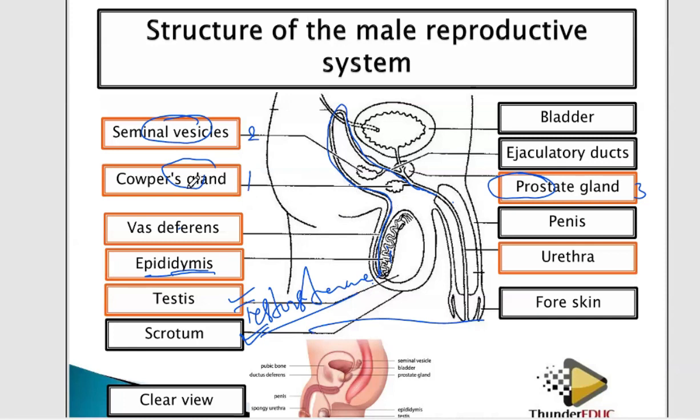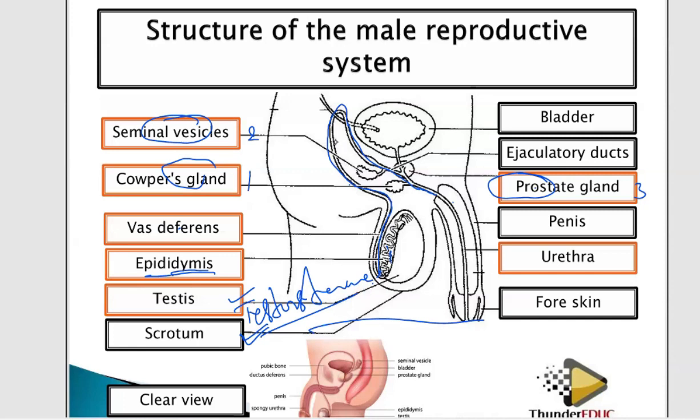Previously we had to talk about the Cowper's gland, whose function is to provide mucus which lubricates. Then the seminal vesicles provide nutrients for sperm movement, and the prostate gland provides alkaline fluid which neutralizes the acidity of the vagina.